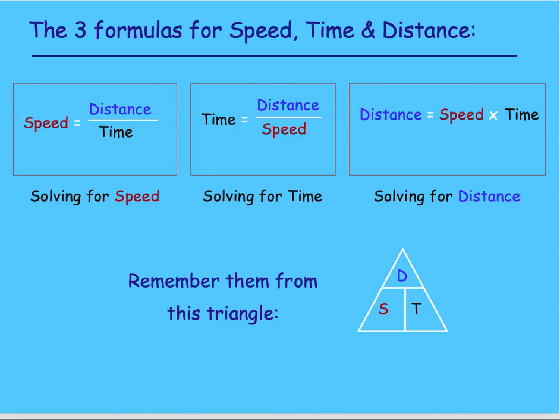So there are 3 formulas for speed, time, and distance, and you have this in your notes, and you can write any of this in your journal that you think would be helpful for you. If we're solving for speed, which is something we do often, we don't really think about it.